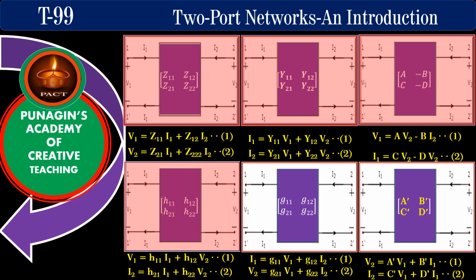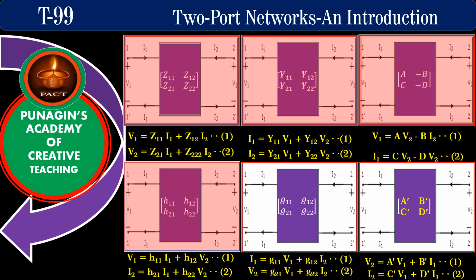Therefore, according to me, I suggest you remember which are the dependent variables in each parameter. That is simple. In case of Z parameters, V1 and V2 are dependent variables. In case of Y parameters, I1 and I2 are dependent variables. In case of ABCD parameters, V1 and I1 are dependent variables. And in case of H parameters, V1 and I2 are dependent variables.